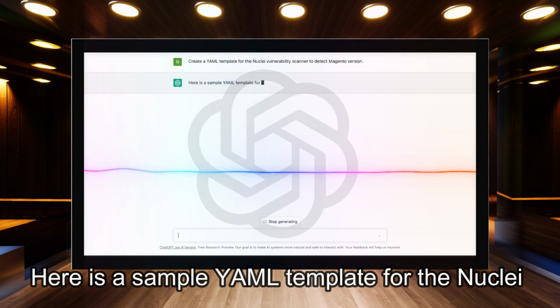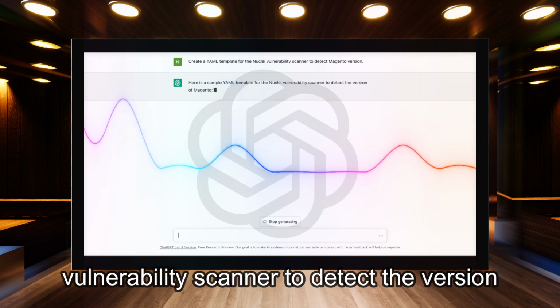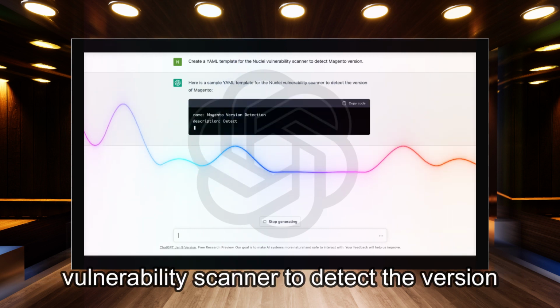Here is a sample YAML template for the Nuclei vulnerability scanner to detect the version of Magento.